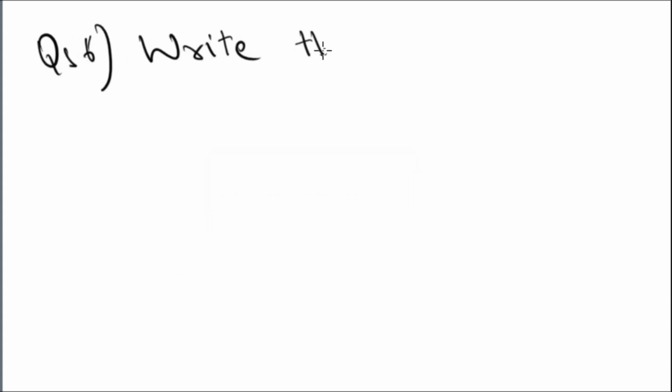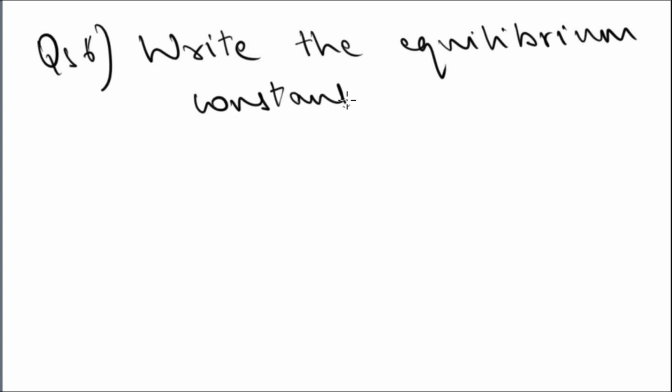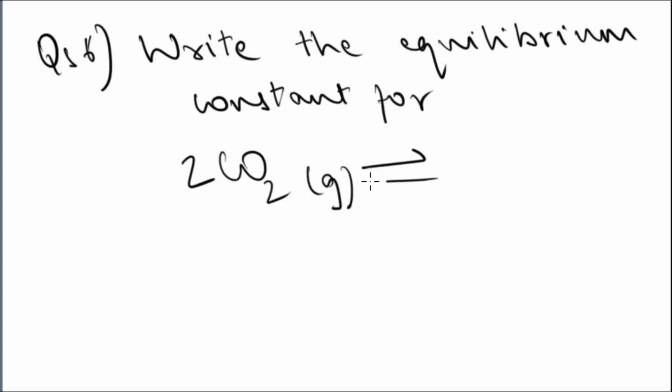Question number 6, write the equilibrium constant Kc for the following reaction. It is carbon dioxide giving us carbon monoxide and oxygen.